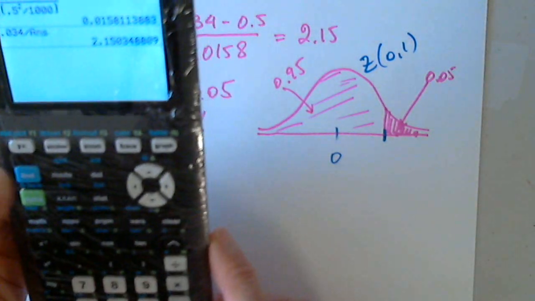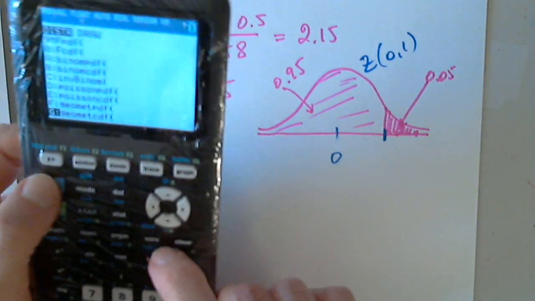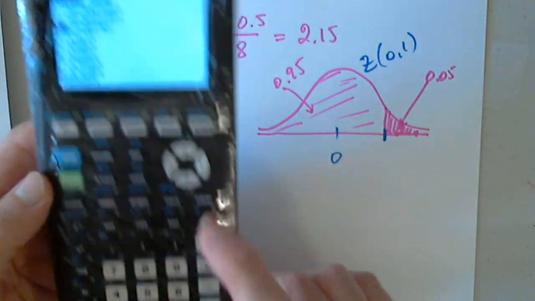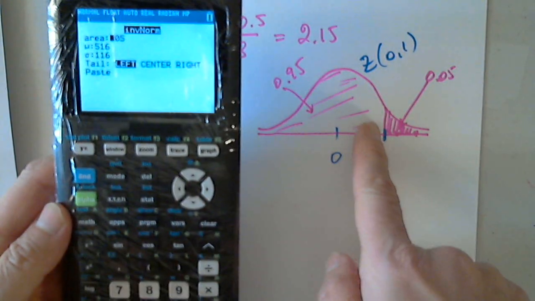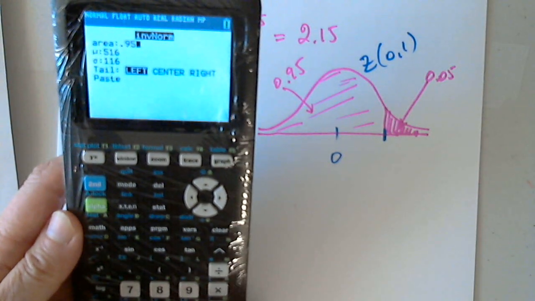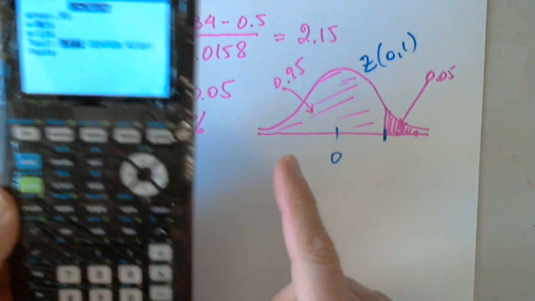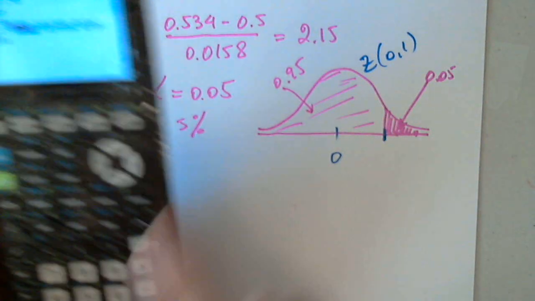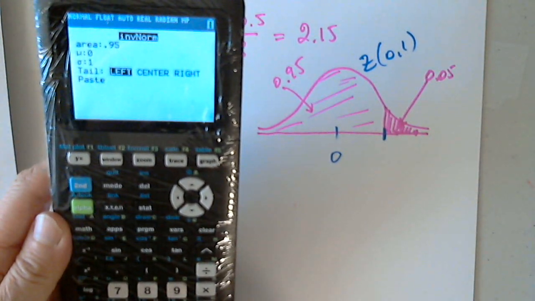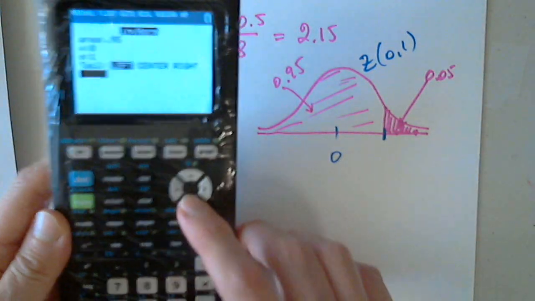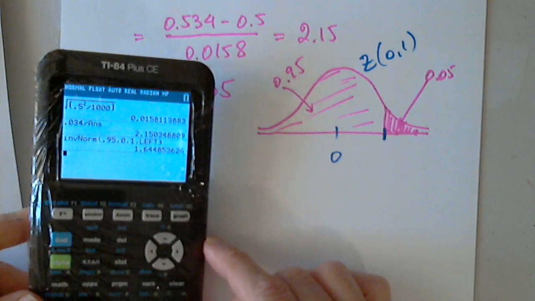Okay, so inv norm, we want the area to the left to be 0.95. I want the mean 0 and the standard deviation 1. And yes, that's fine. I want left. And that number is 1.64.